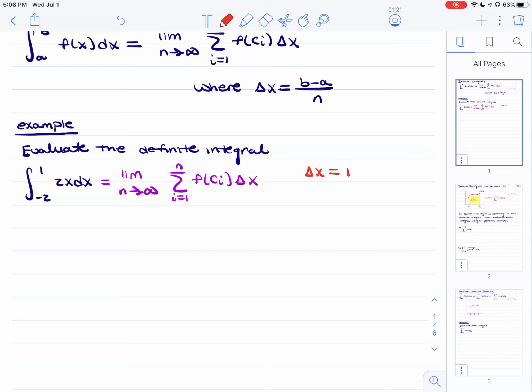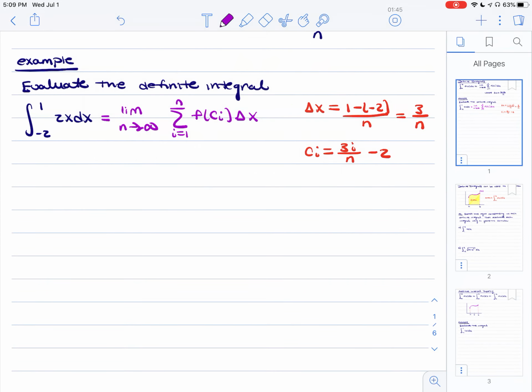So in this case, 1 minus -2 over n, which is 3 over n. And our c sub i is that delta x value times i plus the lower limit, which is -2.